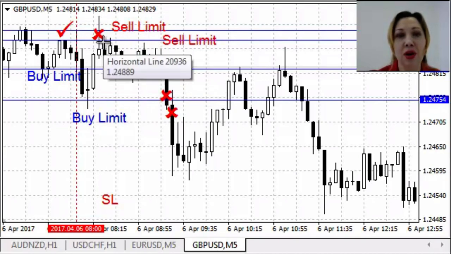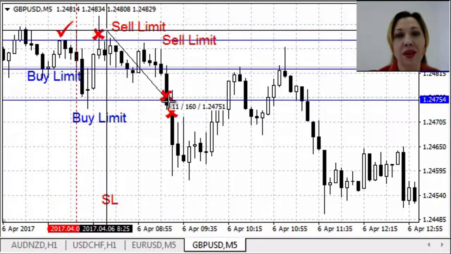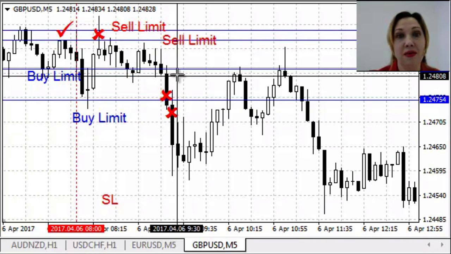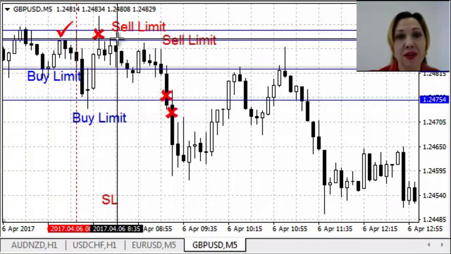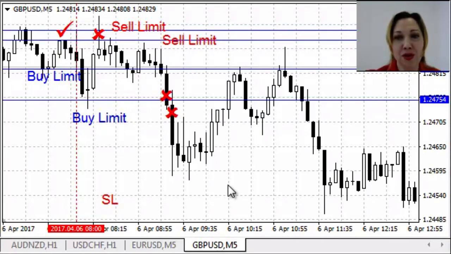With this shadow, our sell limit is triggered, and it closed here. We have our profit. And with this shadow, we triggered our sell limit number 2. It closed a little lower. In 2 hours, you have to leave the market. If your order has already worked, don't use it again. Don't be greedy. So this is how both strategies work, and this is how the modification works.